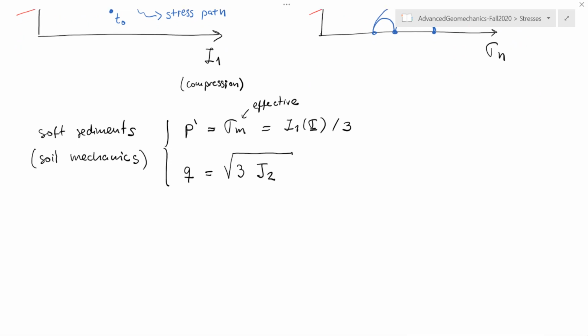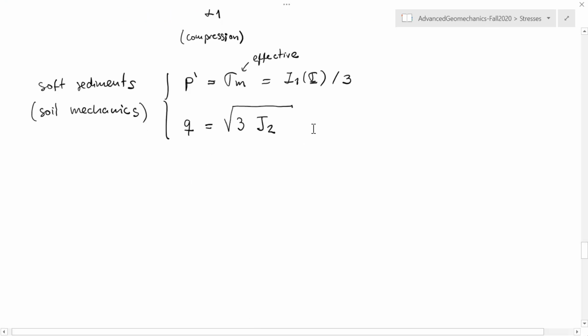And particularly for conditions in which two of the principal stresses are equal, and that is found usually in what are called axisymmetric conditions, we'll see that P and Q take simpler definitions in the values.